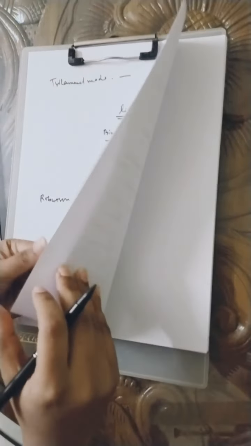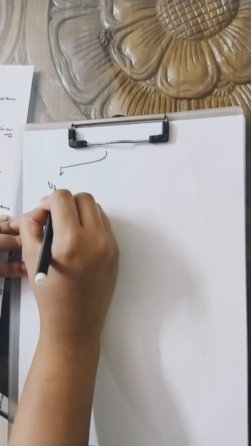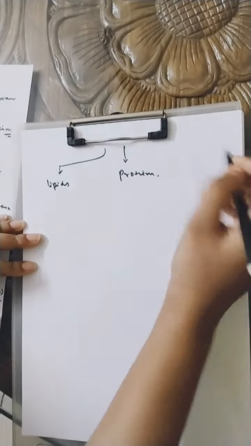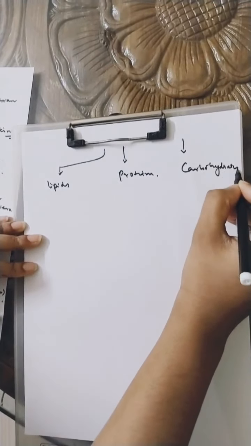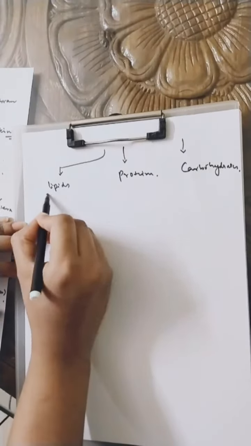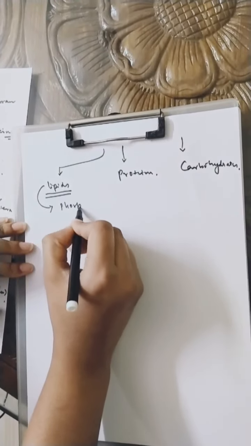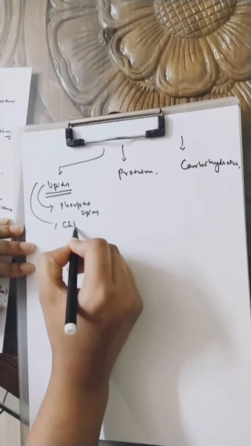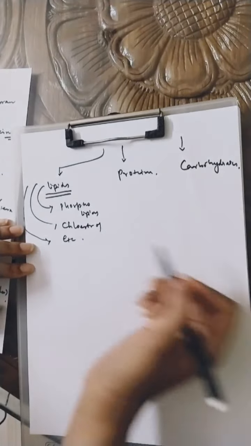It also contains substances like lipids, proteins, and carbohydrates. So what are the constituents of lipids? Lipids like phospholipids, cholesterol, and many more.